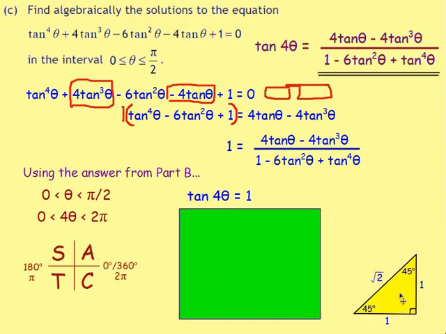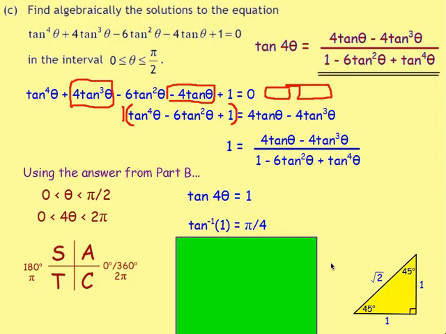I would be using CAST for this and the exact value triangles, because from here what I can say is, right, well, tan 4 theta is 1. Let's get rid of the tan, so inverse tan. So tan to the minus 1 of 1 is, and with the exact value triangle from higher, you can see that it's tan of 45 that gives you 1. So we'd be left with 4 theta.